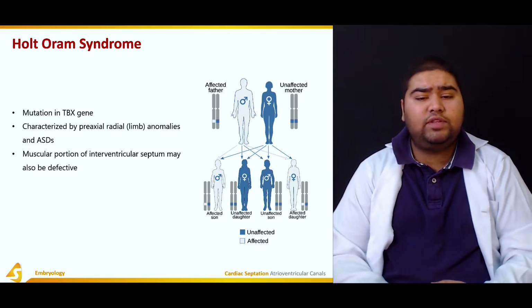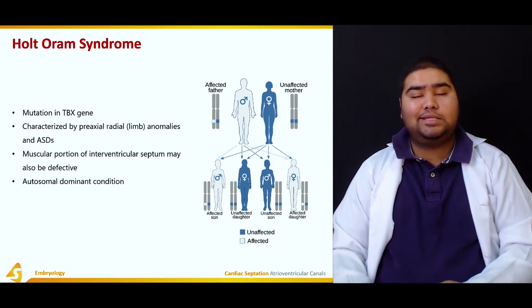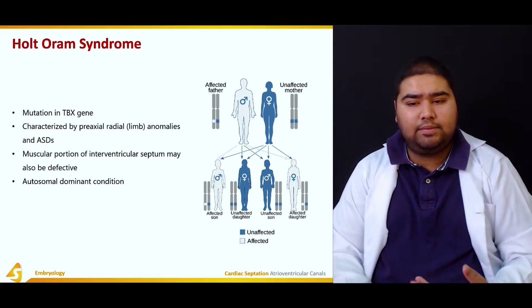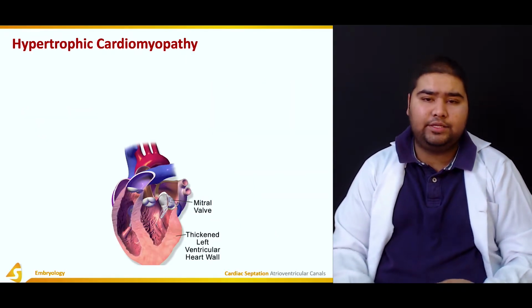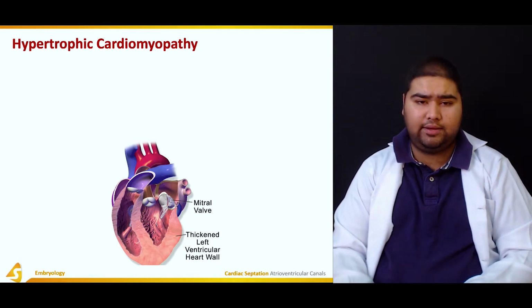The muscular portion of the interventricular septum may also be defective, and it is an autosomal dominant condition which affects males more commonly.